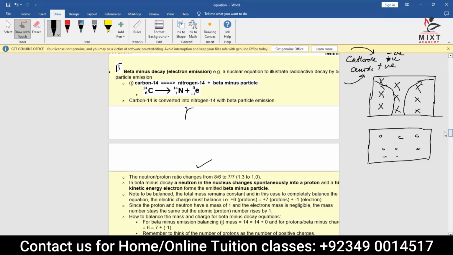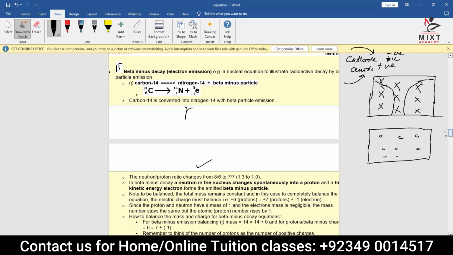How many protons or neutrons are there in nitrogen and in carbon? So, sir, nitrogen loses an electron and makes carbon. There are 14 protons and neutrons in carbon.